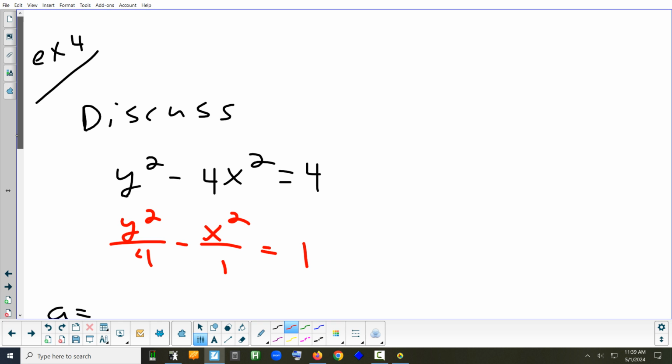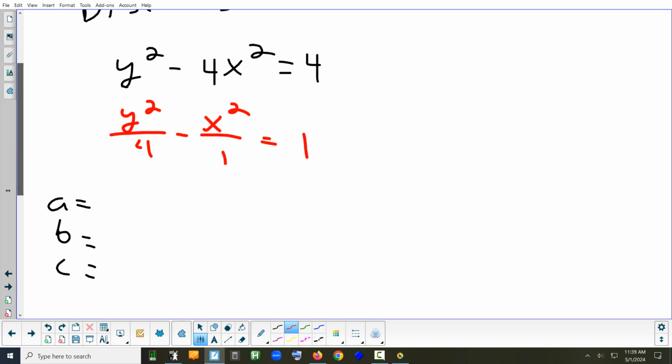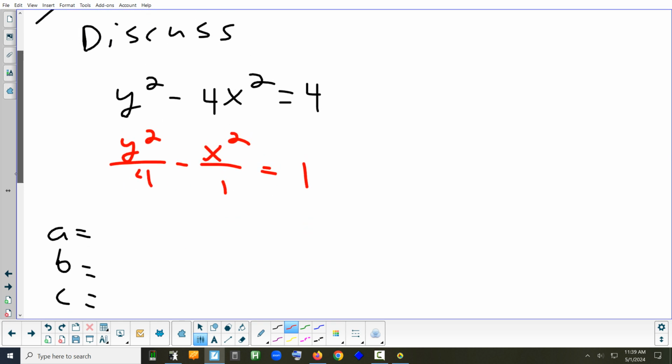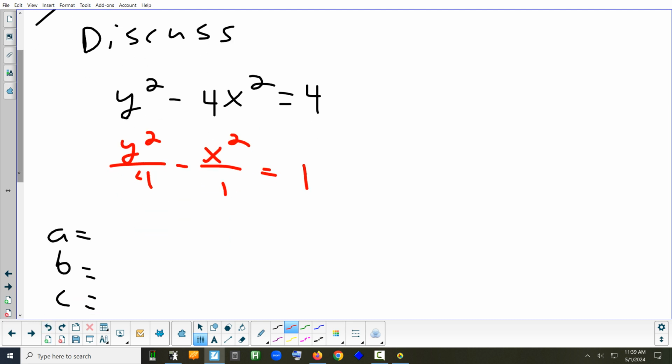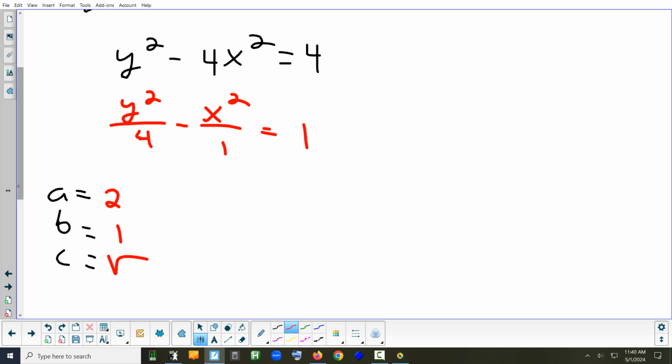We have to find, in this case it's 3 things, in the next problem it might be 5 things: a, b, c, h, k. What's a? 2. b? 1. And c? Square root of 5. Okay, that's all you need to describe everything.